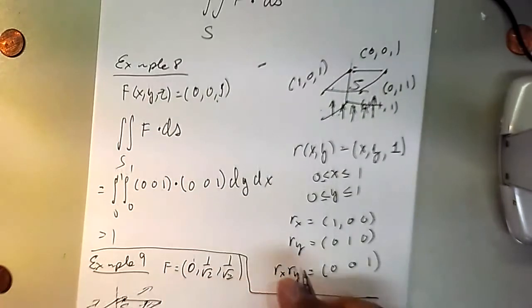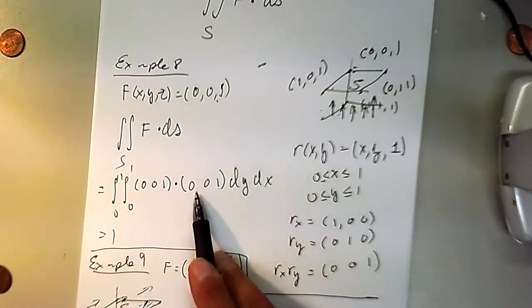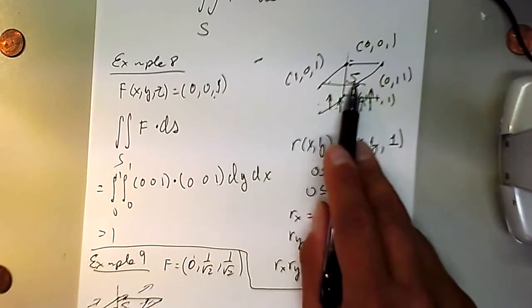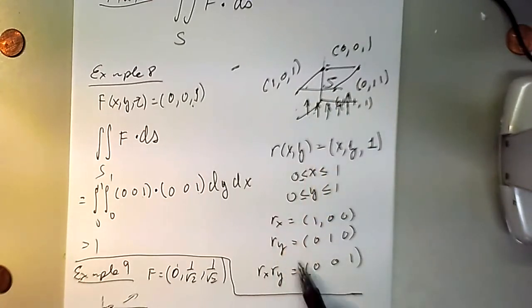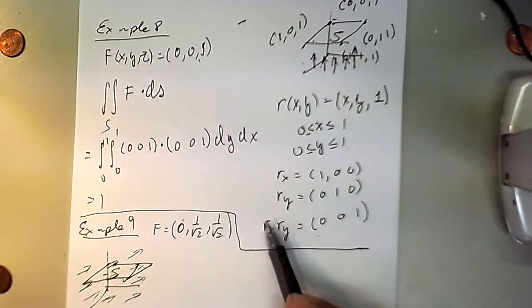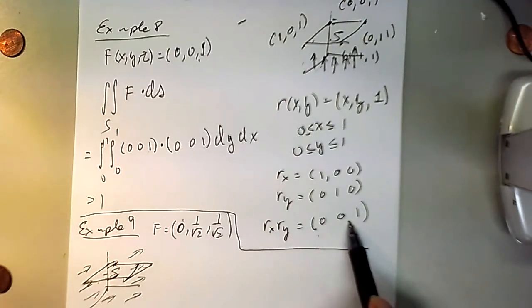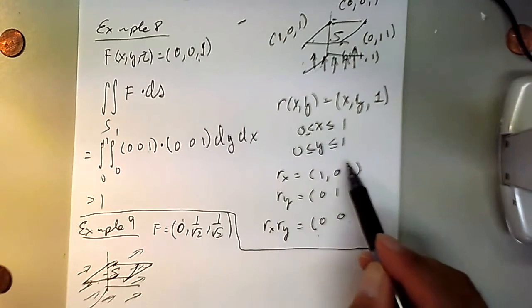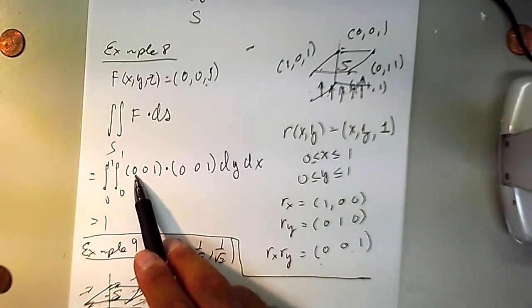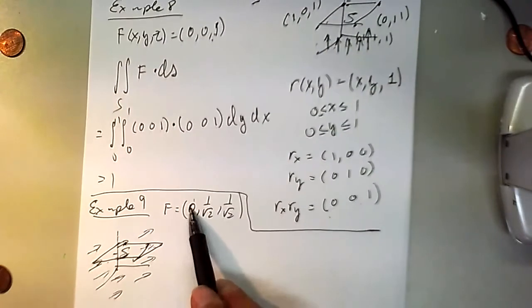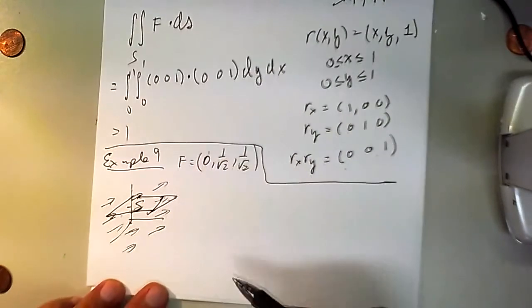Well, let's see what changes. We already figured out this membrane's parametric representation, and the vector we're using for that is the cross product of the partial derivatives, which is 0, 0, 1. What changes is that the field will be, instead of 0, 0, 1, it will be 0, 1 over the square root of 2, 1 over the square root of 2.